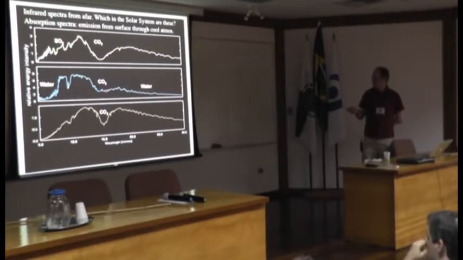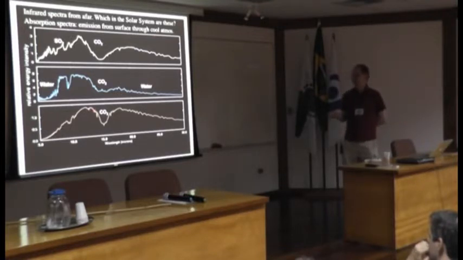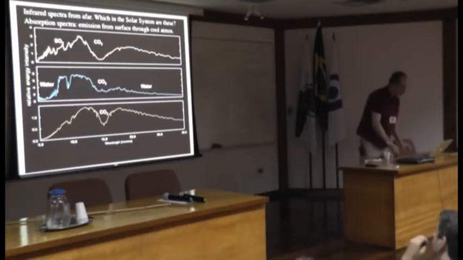Earth is different because of many water absorption lines, which is causing all of this fuzzy stuff on this spectrum. And Mars is dry but full of CO2. And so you can begin to see some differences.